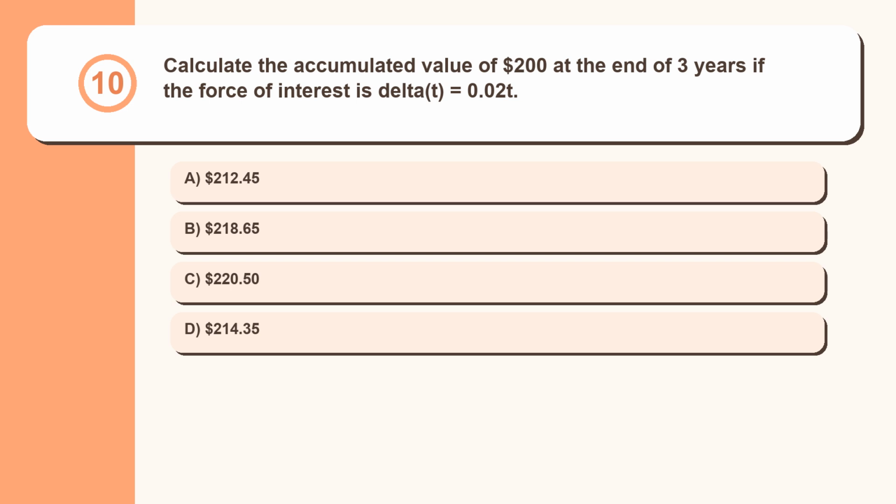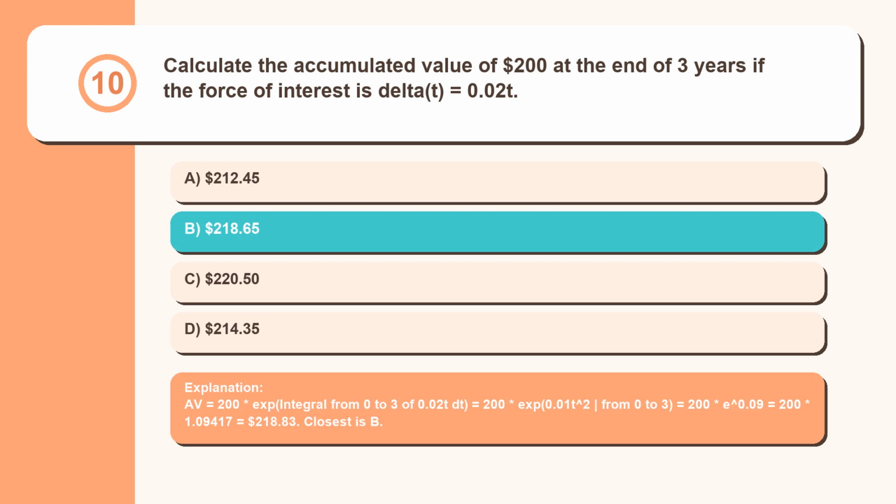Question 10. Calculate the accumulated value of $200 at the end of 3 years if the force of interest is delta(t) equals 0.02t. $212.45, $218.65, $220.50, $214.35.